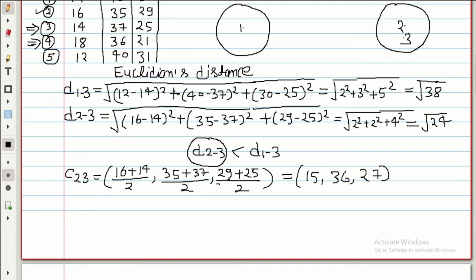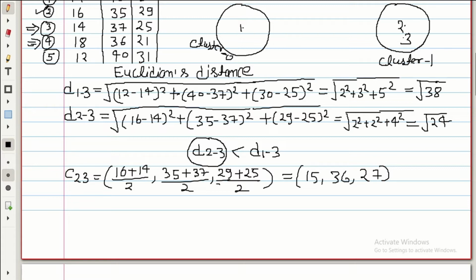Now how will you decide the cluster for instance 4? Again you will compute distance from the centroids. In cluster 0 there is again only one instance, so the centroid remains instance number 1.